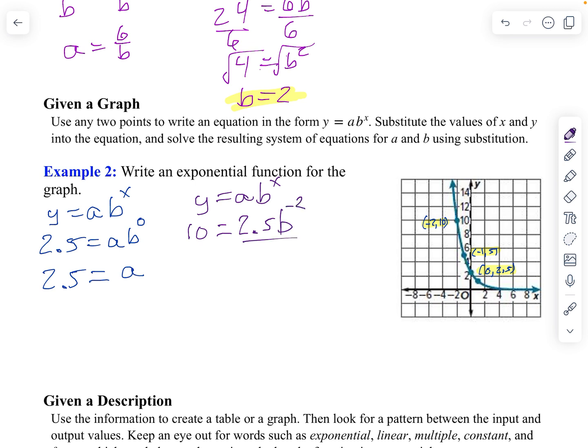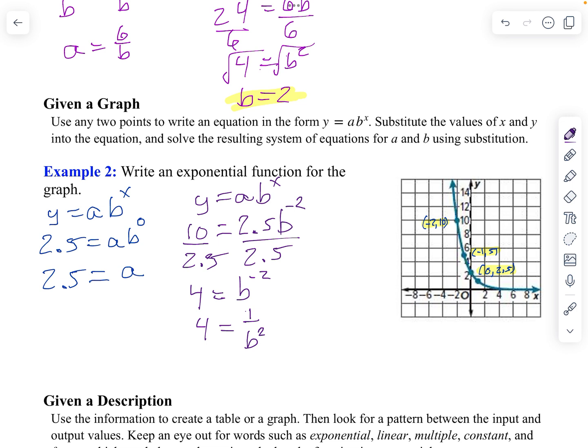And let's divide by 2.5 right away. So 10 divided by 2.5, I should be able to do that in my head, but my brain is not working right now, 4. So 4 equals b to the -2. And I don't like negative exponents, so that's 4 equals 1 over b squared.